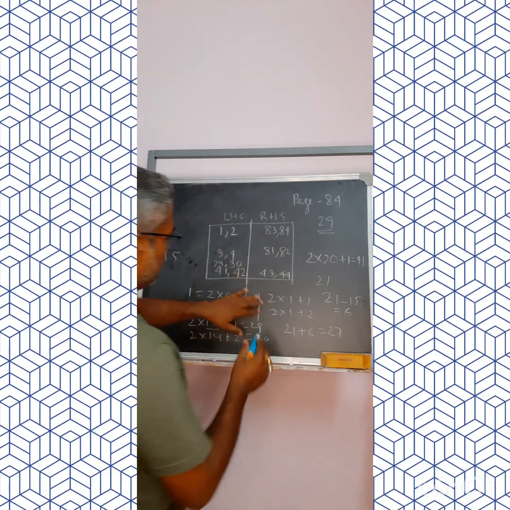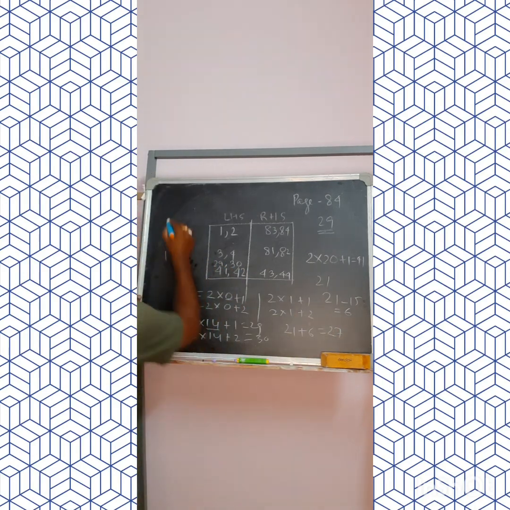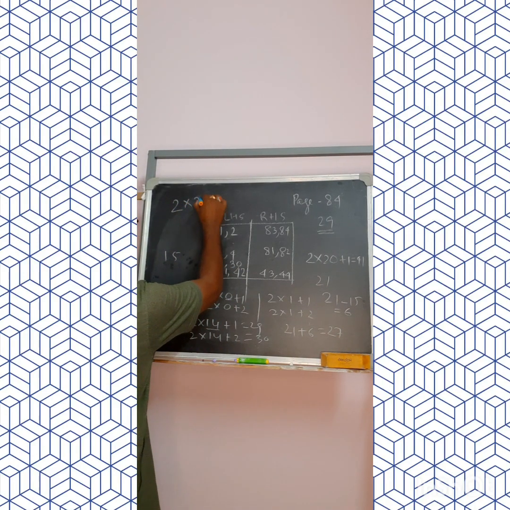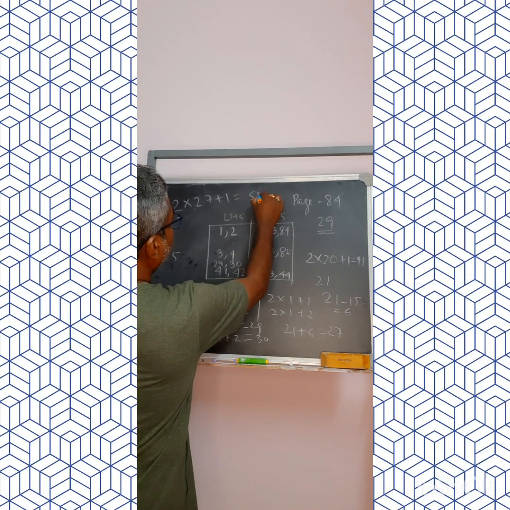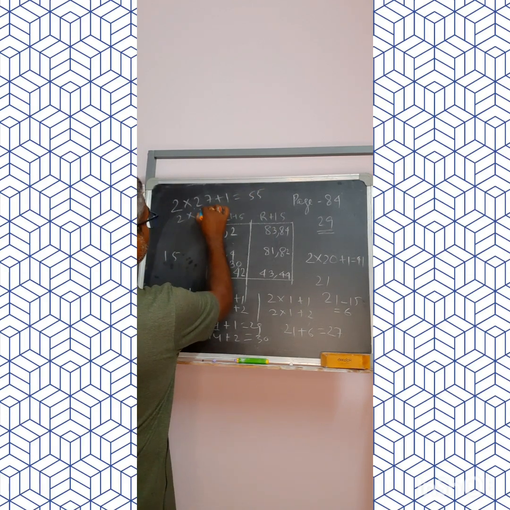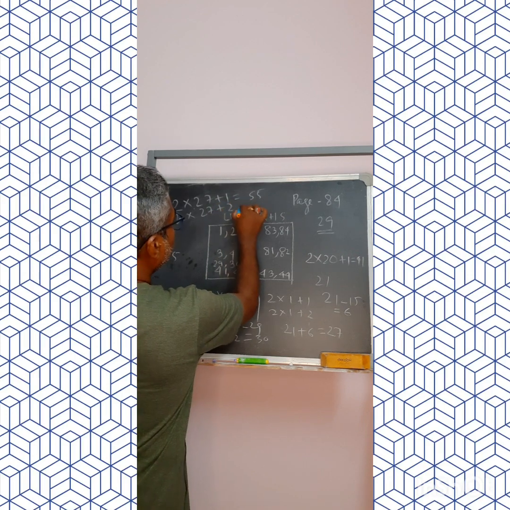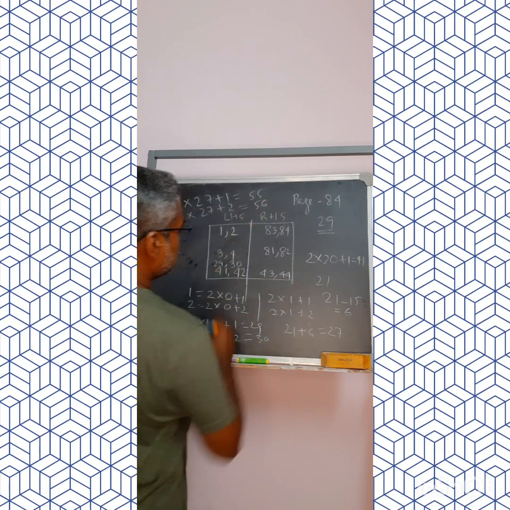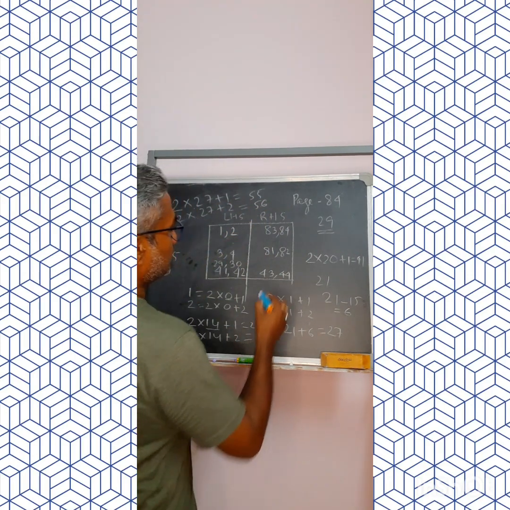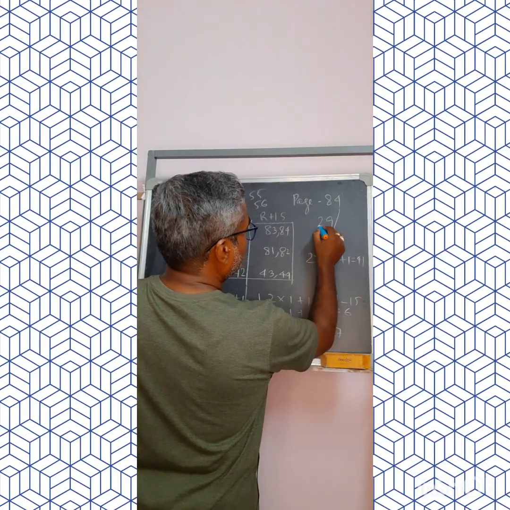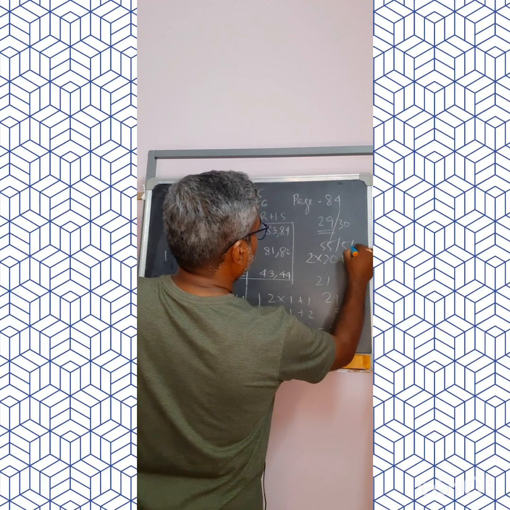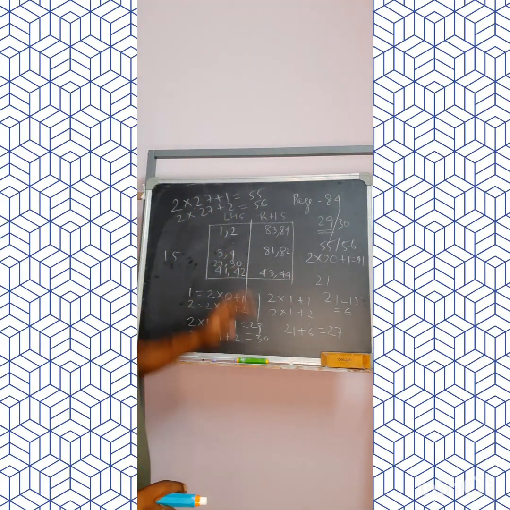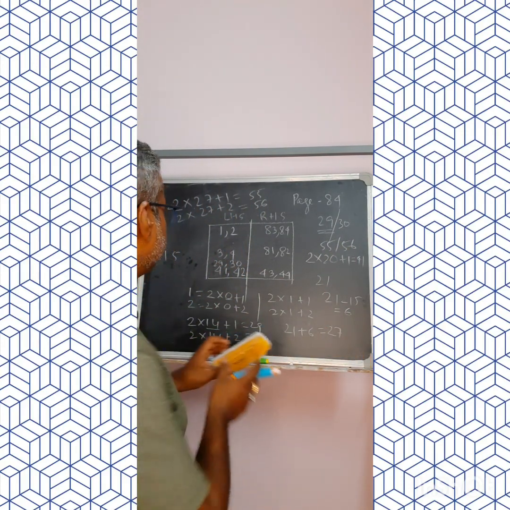So the same page numbers will come: 2 into 27 plus 1 gives 55, and 2 into 27 plus 2 gives 56. So you can understand the missing numbers together with 29 will be 30, 55 and 56. So this is the solution for this sum.